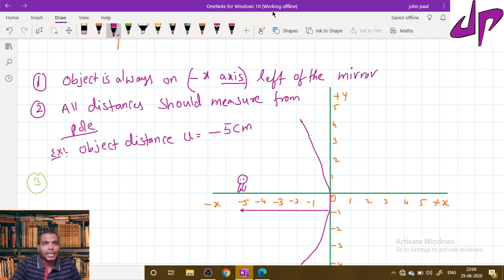Now for the same case, suppose the image forms on the other side.